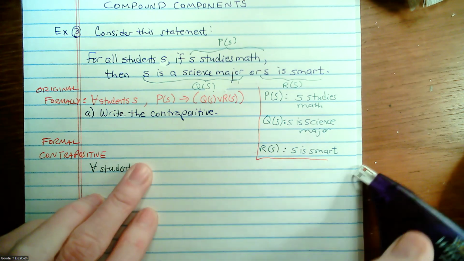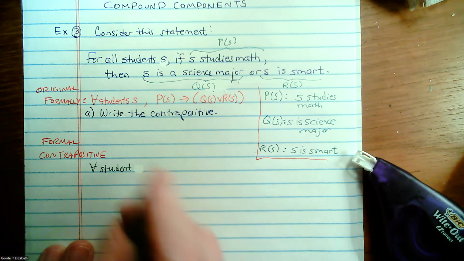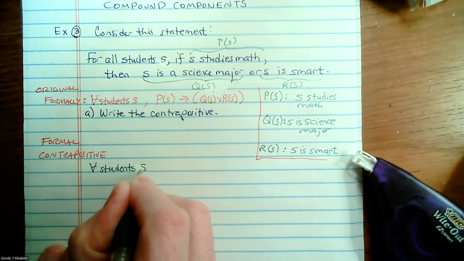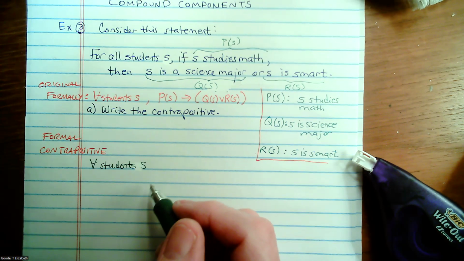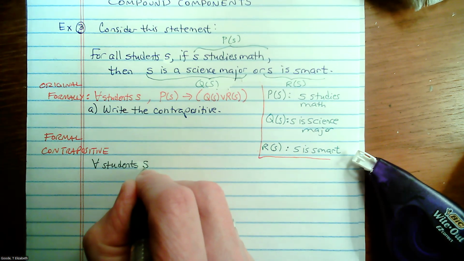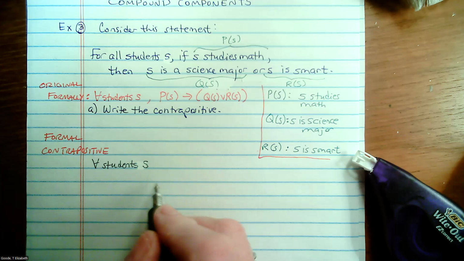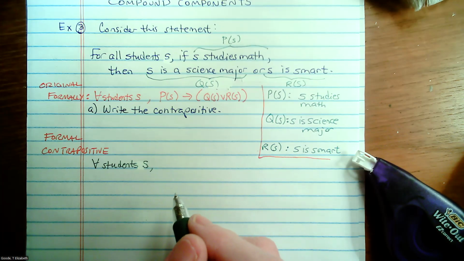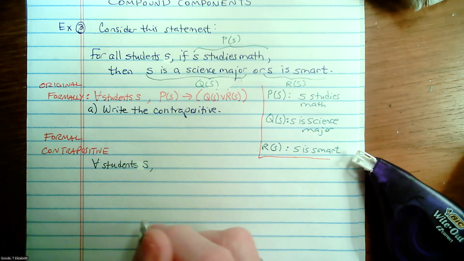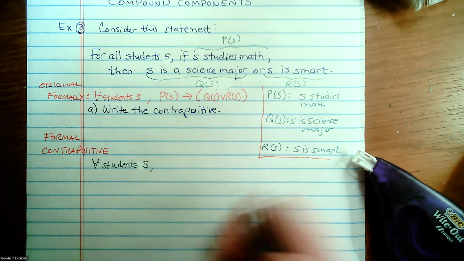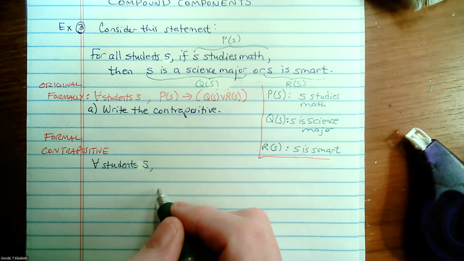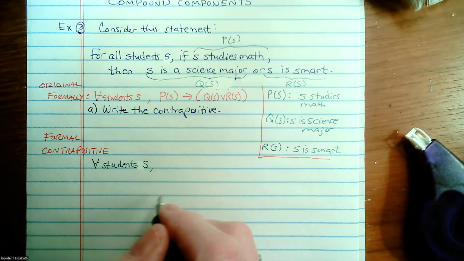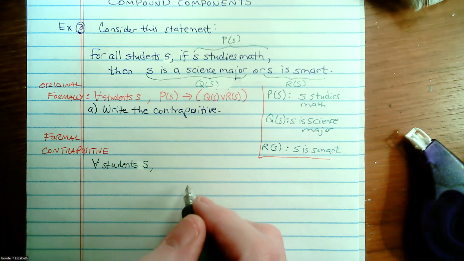I was just laughing at my writing. Okay, so it would be, I'm sorry, go ahead. S is not a science major. No, what am I doing? I'm sorry, no, this is the contrapositive. If S is not a science major and S is not smart. No, you're fine.